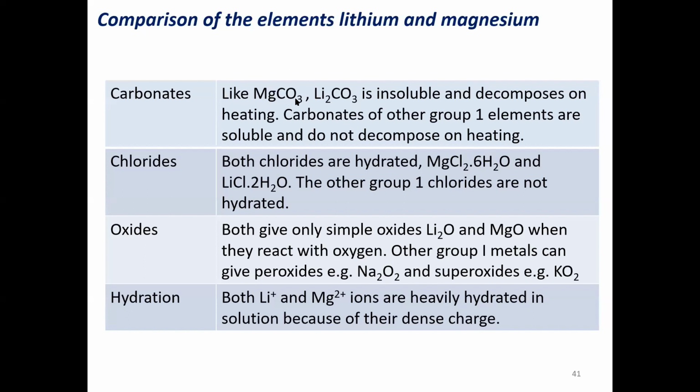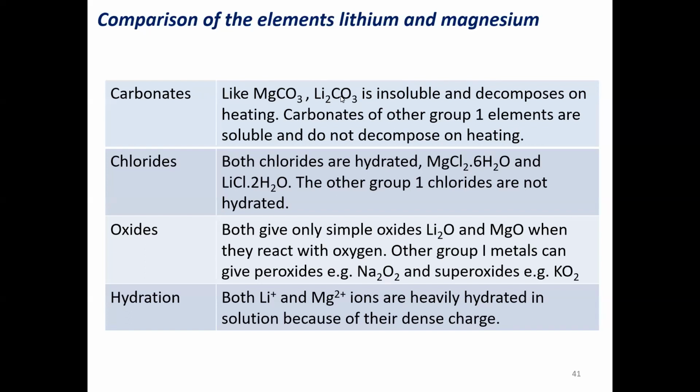So for the carbonate, magnesium carbonate and lithium carbonate are insoluble in water, but the carbonates of group 1 elements are actually soluble in water. So carbonates of other group 1 elements are soluble and do not decompose on heating. But your lithium carbonate, once you heat it up, usually decomposes easily, unlike the carbonates of your other group 1 elements.